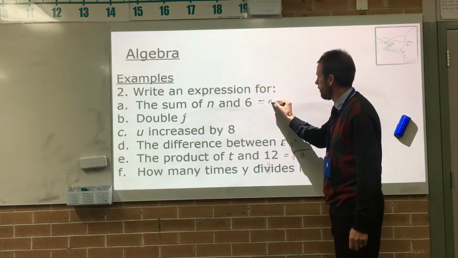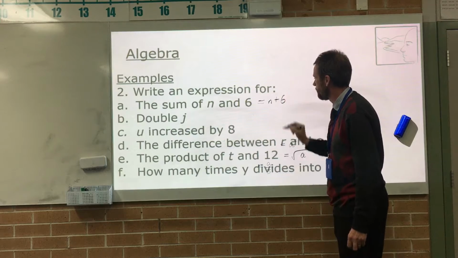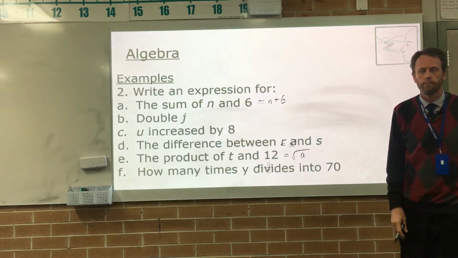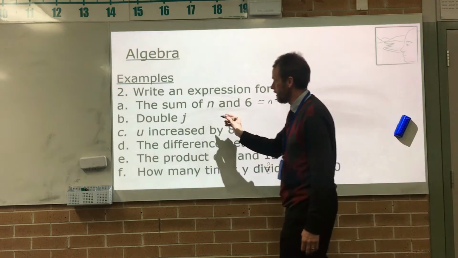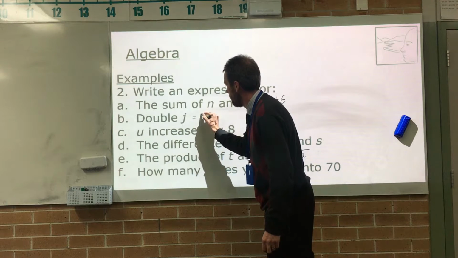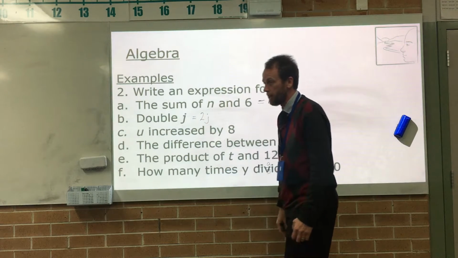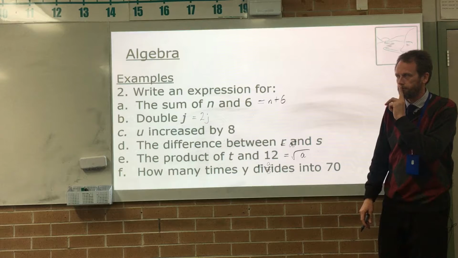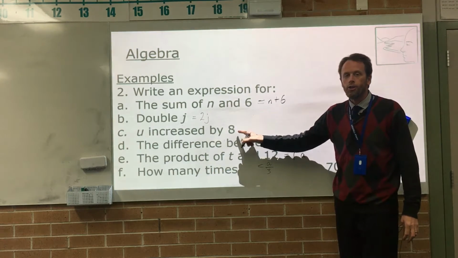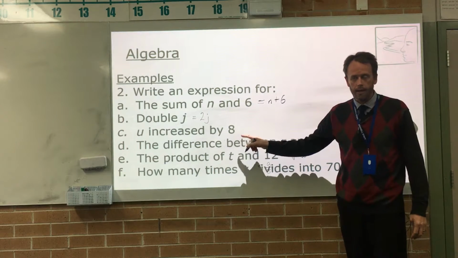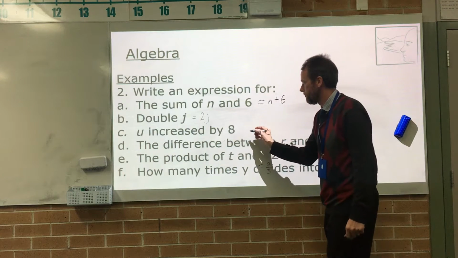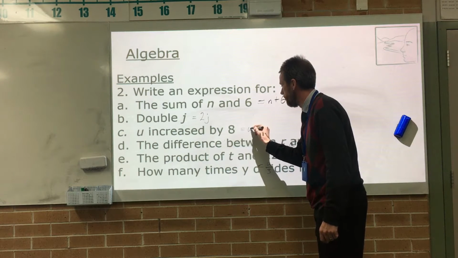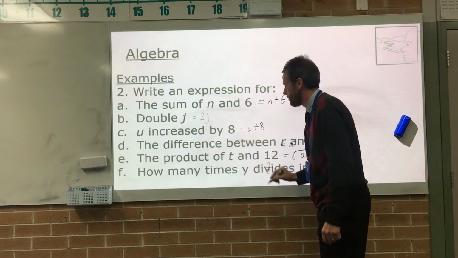And so what we've actually got is n plus 6. Double J, which used to be a radio station, if you didn't know that, is the same as 2 lots of J. U increased by 8. Well, that's just going to be U plus 8.